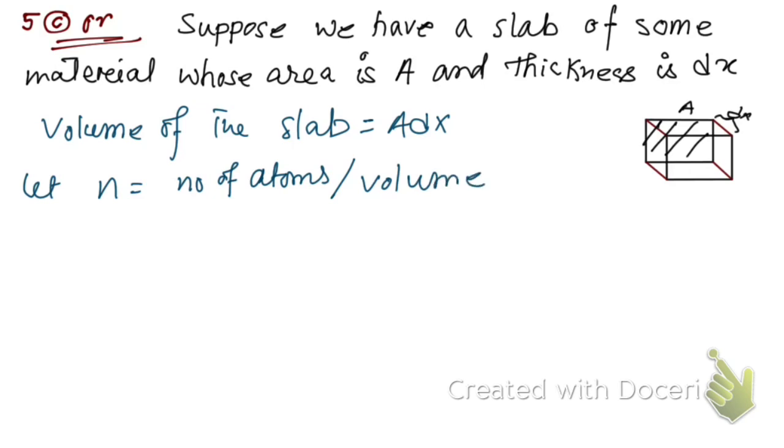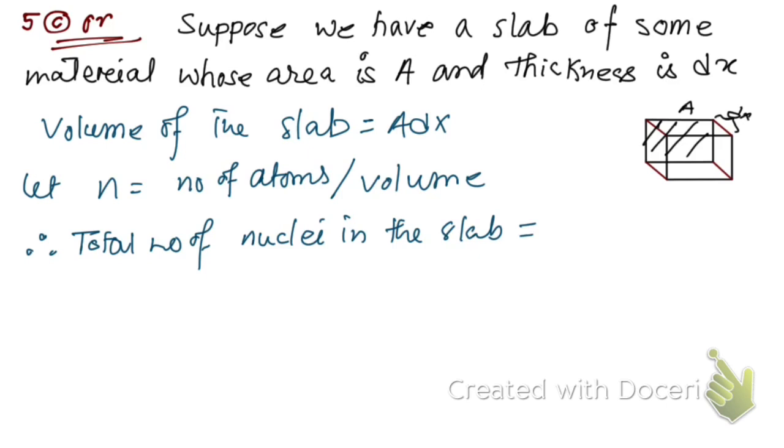Therefore the total number of nuclei in the slab is n into the volume, that is, number of atoms per unit volume times volume, which gives the total number of nuclei: n A dx, right?